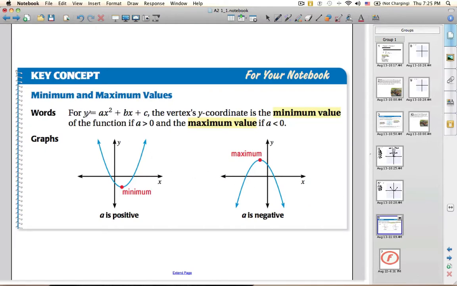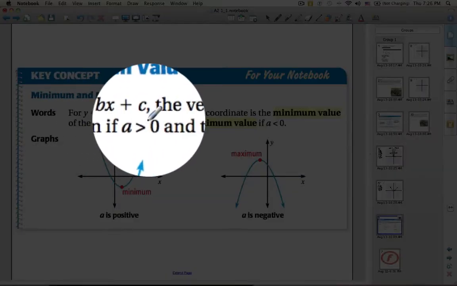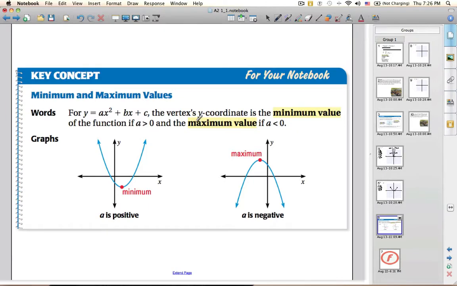So our full standard form is y is equal to ax squared plus bx plus c. Again, the vertex is the minimum value of the function if a is greater than 0, meaning a is my leading coefficient, a positive number.